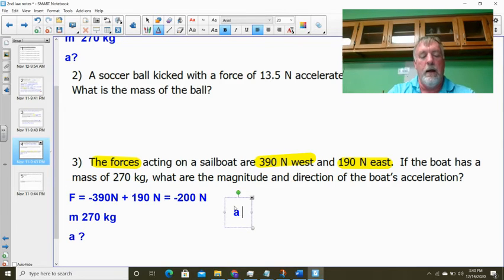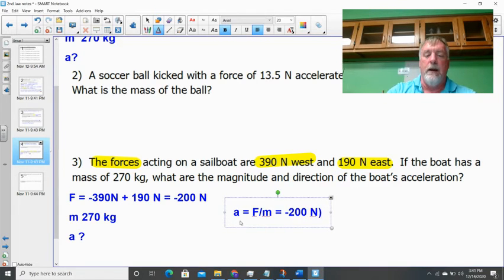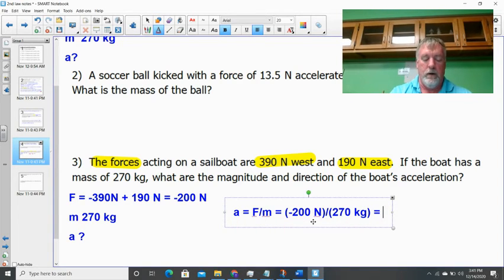A is equal to F divided by M, which is equal to negative 200 newtons divided by 270 kilograms. And this time we get an answer, 200 divided by 270, .74.